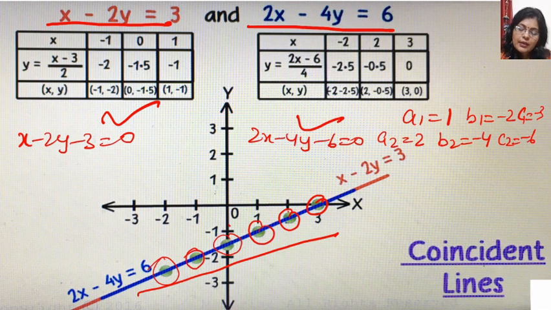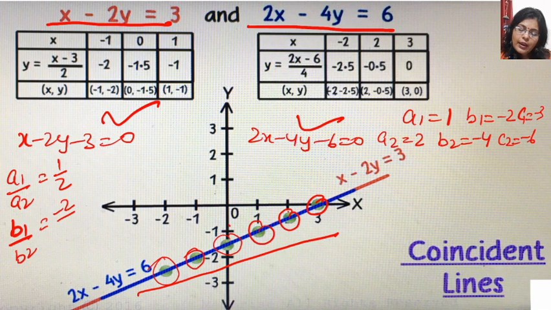What do we see? a1 upon a2 is 1 upon 2, b1 upon b2 is minus 2 upon minus 4, and c1 upon c2 is minus 3 upon minus 6. So here also we get 1 upon 2, the minuses cancel.